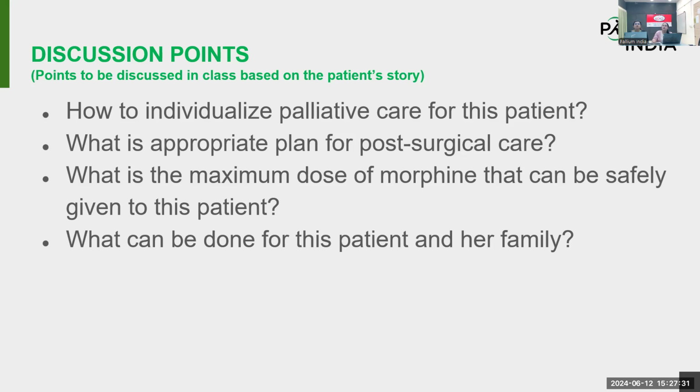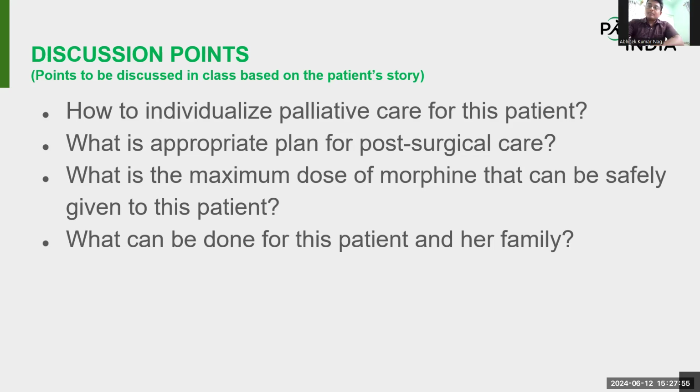Those are the 2 points that you need to check while titrating the dose of morphine. So if the pain is more, you need to increase the dose of morphine and monitor if the pain response is improving, and look for any toxic signs like drowsiness, myoclonus or delirium.